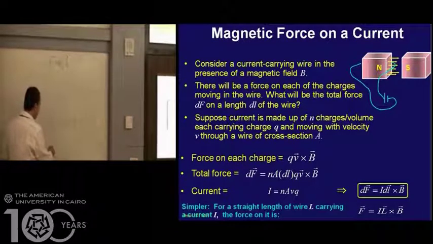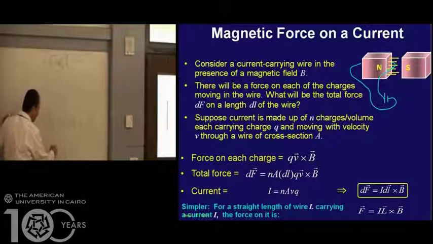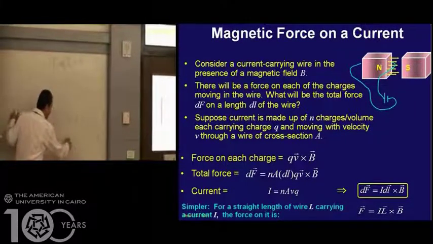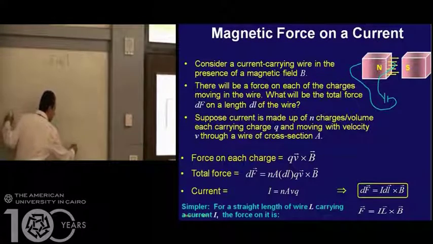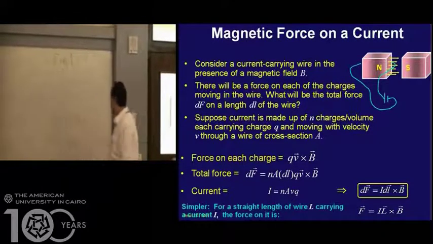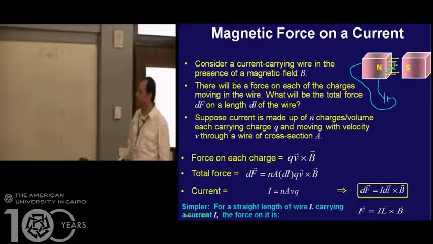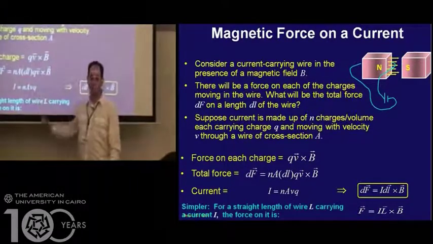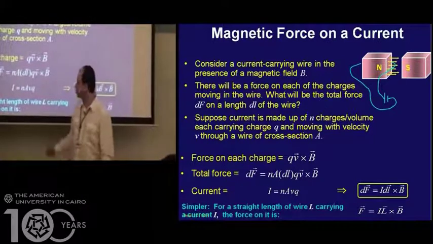So actually, this gives us information about I, which is equal to N, the number of charges per unit volume, times the area, times Q, times V. NAQV, that's the current. This is the definition of the current. Look at that equation.